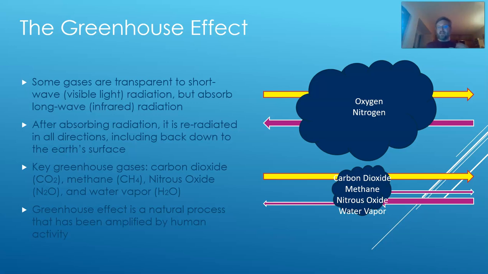But our greenhouse gases are more complicated molecules, right? You've got multiple different elements making them up. They have a more complex chemical structure. Their molecules are asymmetrical. And so because they're more complicated molecules, they're more reactive to this longer wave energy that's going through. It allows them to absorb that energy more than those very simple molecules like oxygen, nitrogen, argon would do.